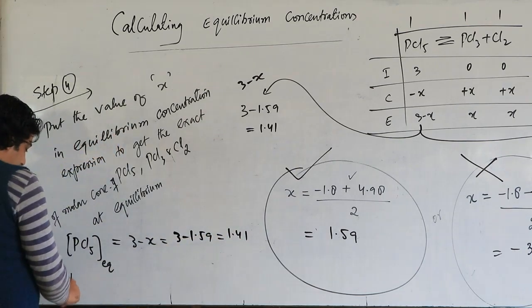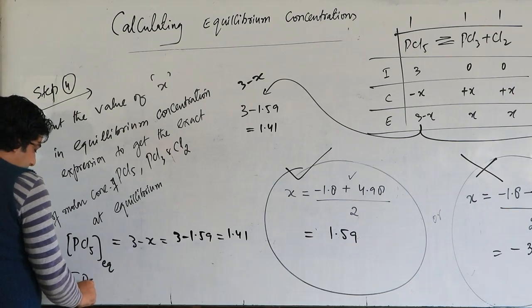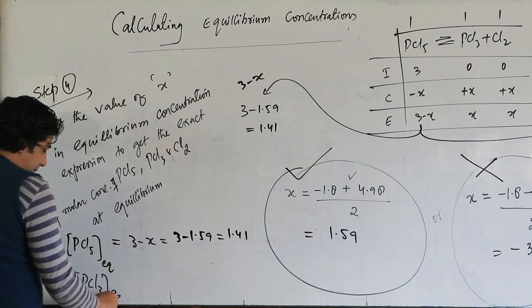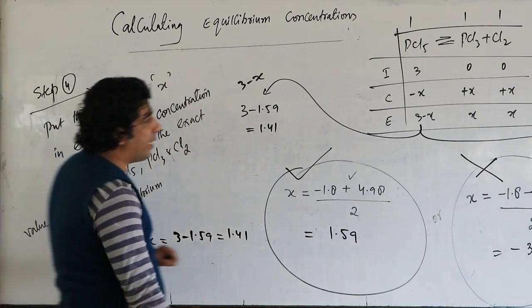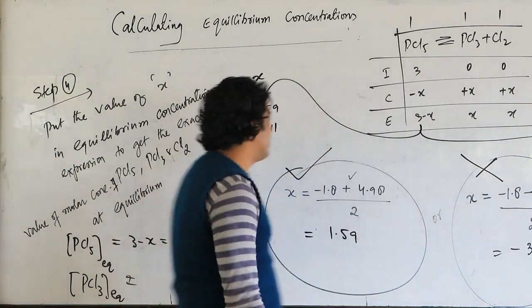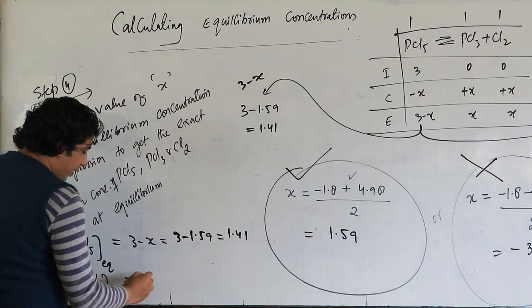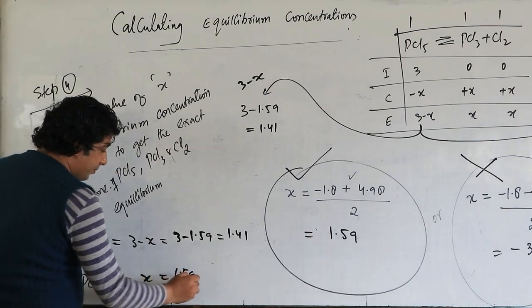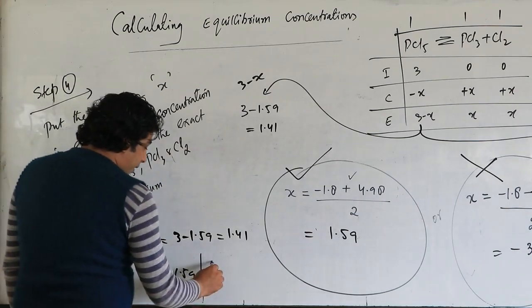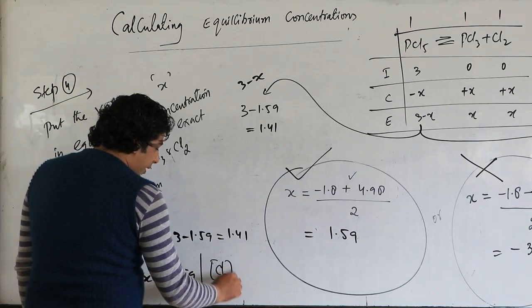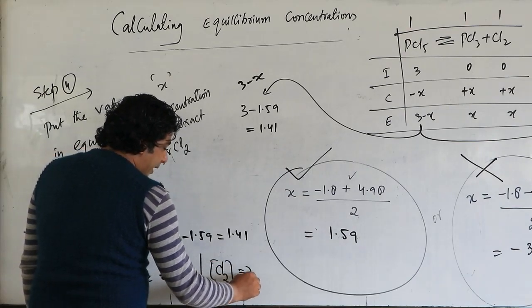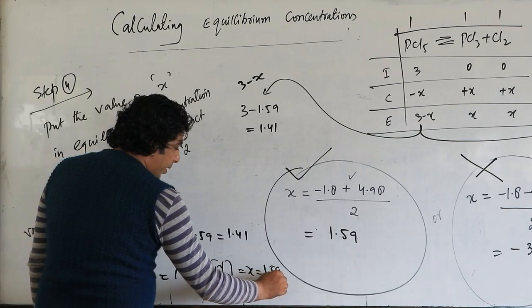And the concentration of PCl3 at equilibrium is X, that is 1.59. And the concentration of Cl2 at equilibrium is also the same, X only, that is 1.59, my dear friends.